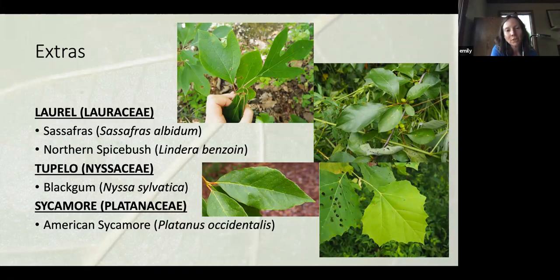And then the last one on this is the American sycamore, Platanus occidentalis, and that leaf is in the bottom right-hand corner. Sometimes somebody can get this confused with a maple leaf, but the bark of this tree will always help you because it's peely, and it can be olive, white, sort of calico with gray and brown.